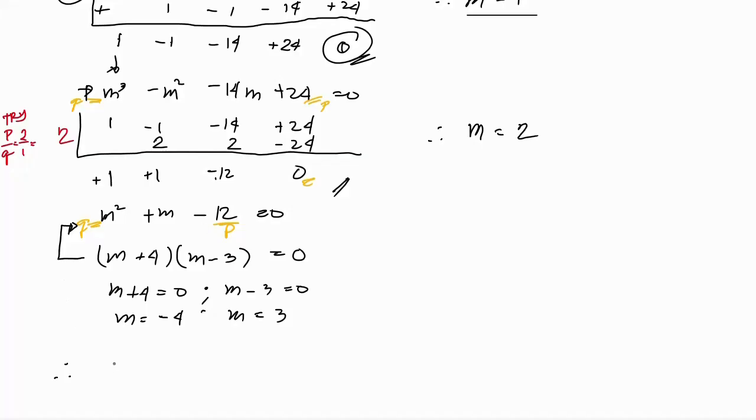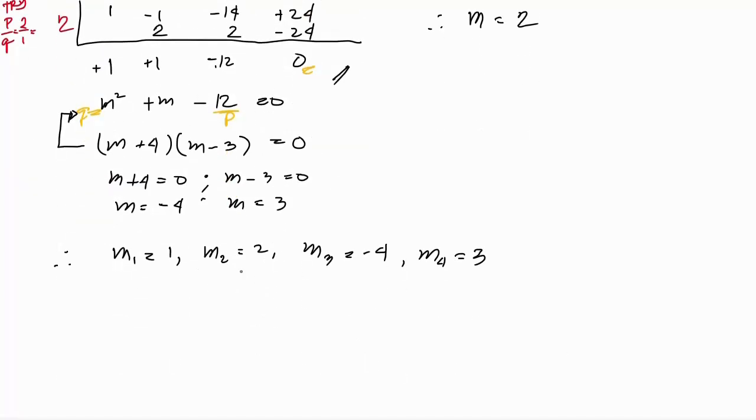So m1 is equal to 1, m2 is equal to 2, m3 is equal to negative 4, and m4 is equal to 3. You can rearrange these roots from lowest to highest, but that is for formality. We can also use them as is, with no problem, in any order.